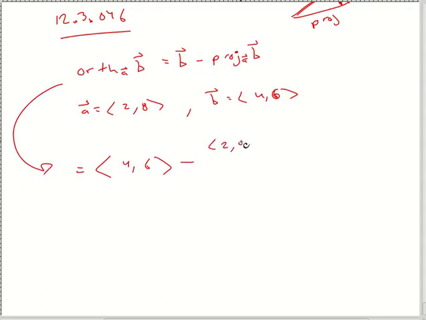So 2, 8 dot 4, 6 divided by, and then I had my magnitude of A, and then I'm going to square it, and then I have got, no, it's not A, it's B. Right? Because we're having a B there.